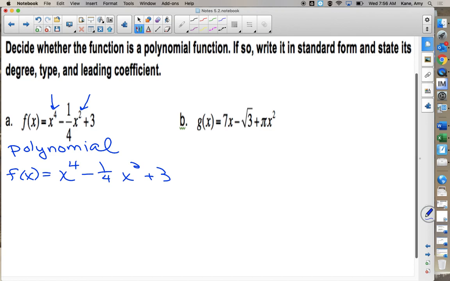Part 3. What is the degree? So looking above, kind of seeing what the degree means. And then leading coefficient. So what's the degree of this polynomial, Jack? A 4. The degree is the largest power. So the largest power is a 4. So Jack, what is the type? A quartic.